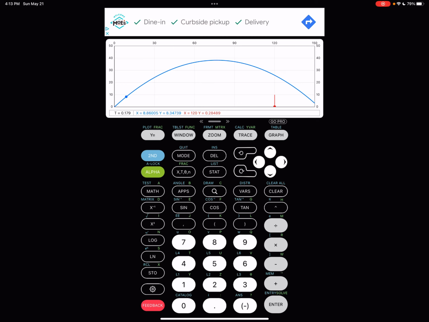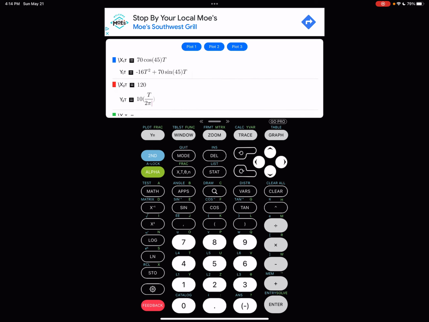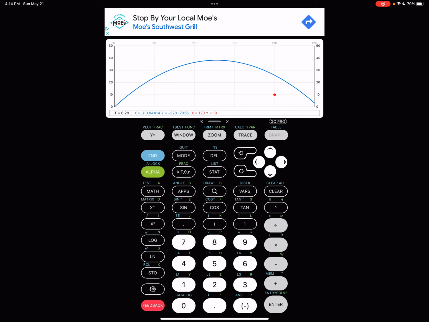There is my graph. Notice how here in red, if I were to type in a t of 2 pi, it is at 9.999 because the goalpost is 10 feet high. Had I not had that, and I just had 10, it's just a dot.